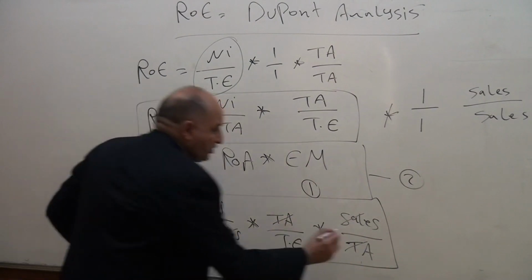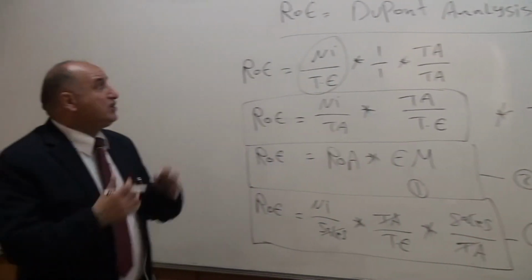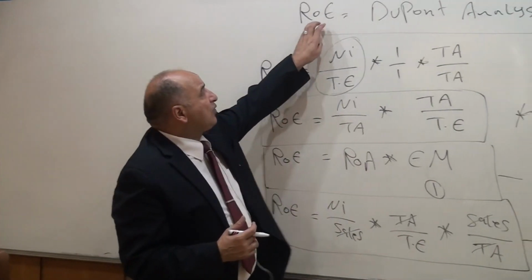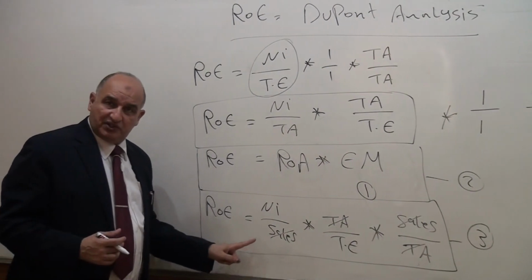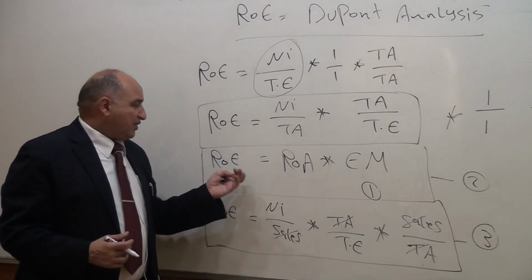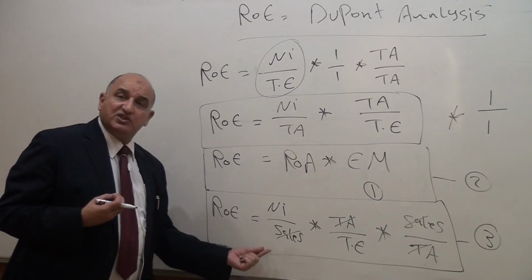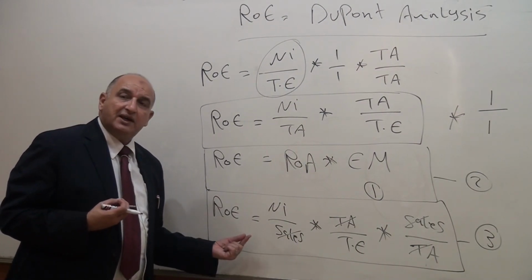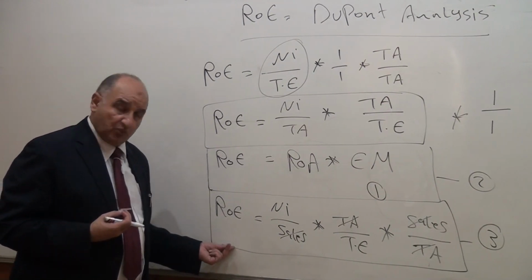This one, which is number 3, is the Dupont analysis. So when you hear calculate ROE using the Dupont analysis, you have to use this equation. This one also we can consider as apart from Dupont, but normally we use this one as the ratios used to calculate the return on equity.